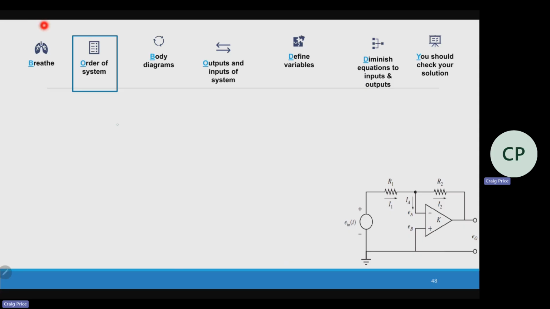Let's see, how many capacitors do we have? How many inductors do we have? None. So there's no order. 0th order, which means no derivatives. That's what it means. We don't have any derivatives. So our final answer, our transfer function, actually is going to have no s's. No derivatives means no s's in the transfer function.